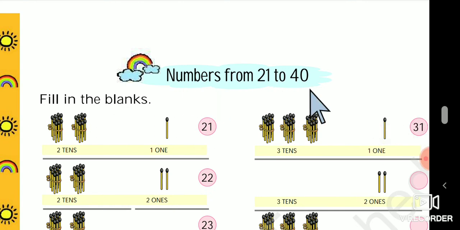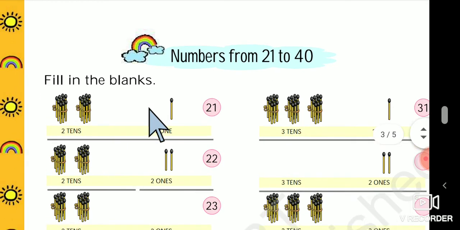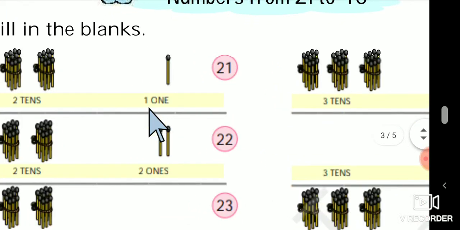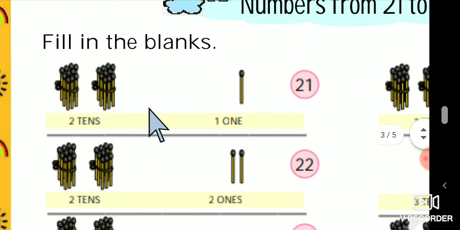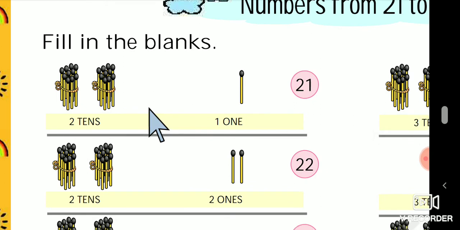Numbers from 21 to 40. Here we have to read 21 to 40. So there are 2 bundles and loose matchsticks ones. So 2 tens plus 1 is equal to 21.